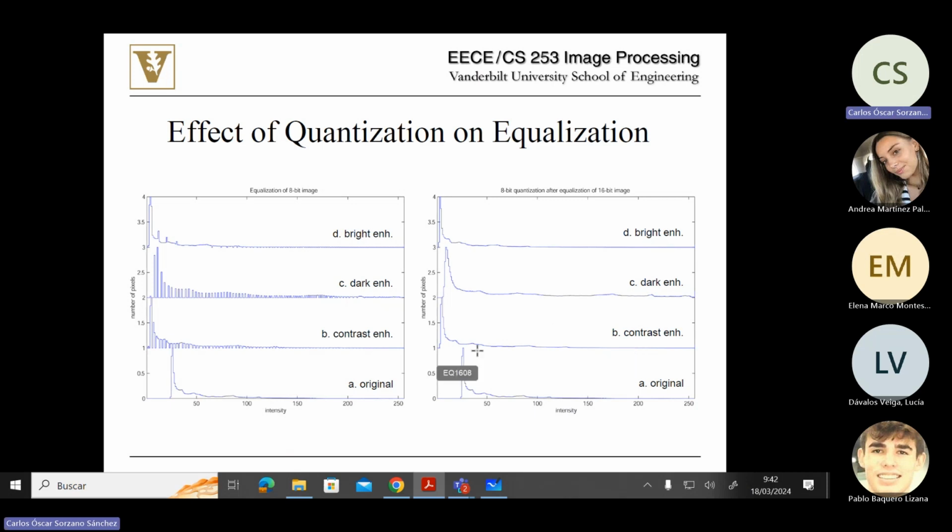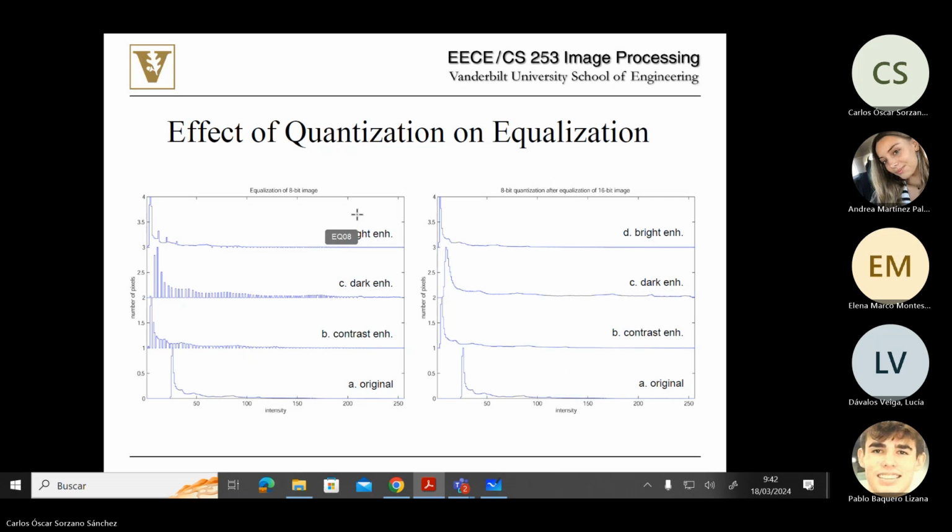Okay, so here we have the histograms of each one of the different images, and with two different quantization steps. One is with 8 bits, the other one is with 16 bits. So here we have the original. The original goes from 0 to 255. And then we have the different versions. So when we do contrast enhancement, we understand these zeros here, these holes in the histogram, they are coming from the values that cannot be achieved by the transformation.